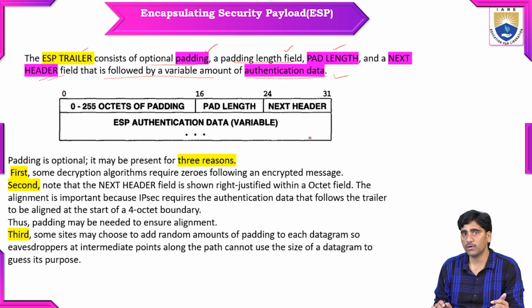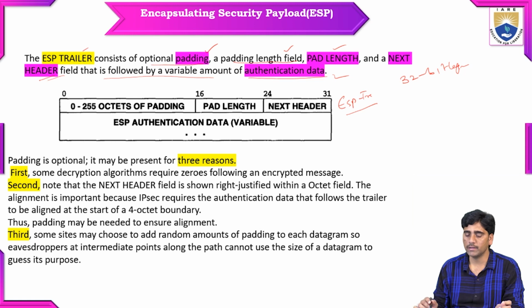So this is the ESP trailer format, which is 32-bit length, and the first one is optional padding.